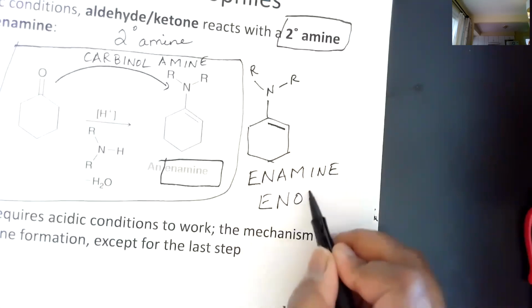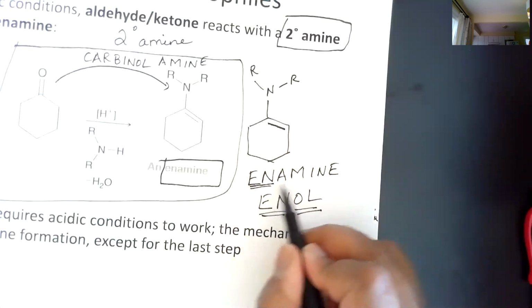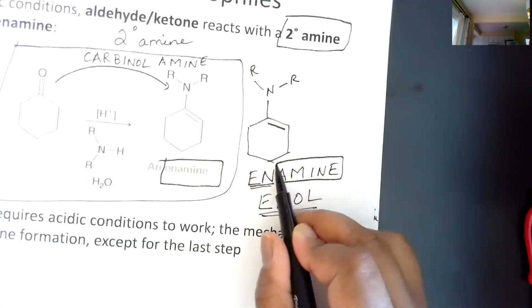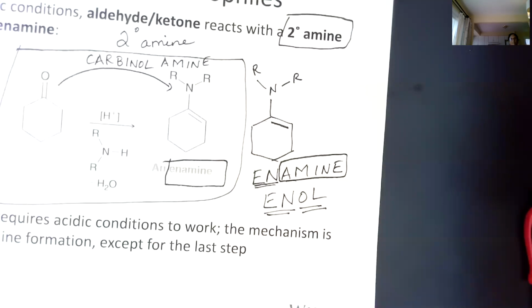Enol. Double bond and an alcohol, double bond and an amine. Wow, light bulb, right? So, but the steps are all the same or very similar. Okay. So remember to do that for Monday.